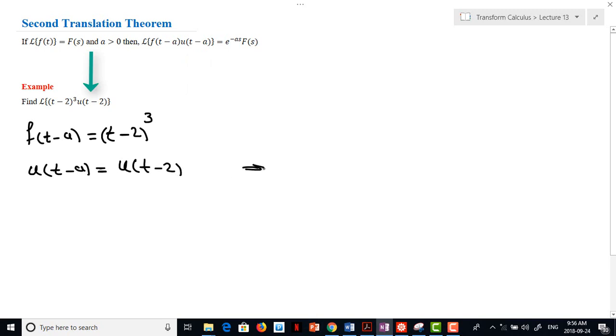As a result, a is equal to 2, and since f(t minus a) is equal to (t minus 2) cubed, f(t) is equal to t cubed. Now we have to find F(s).